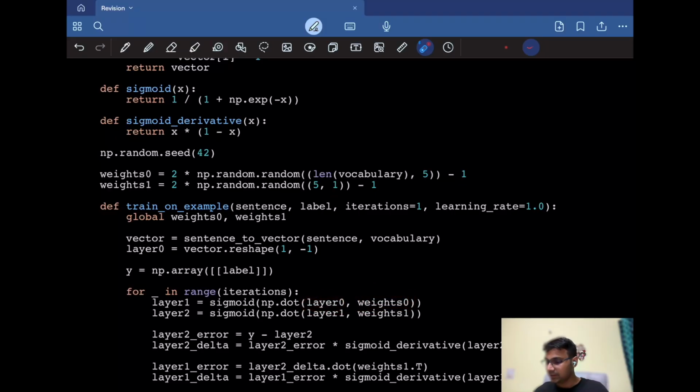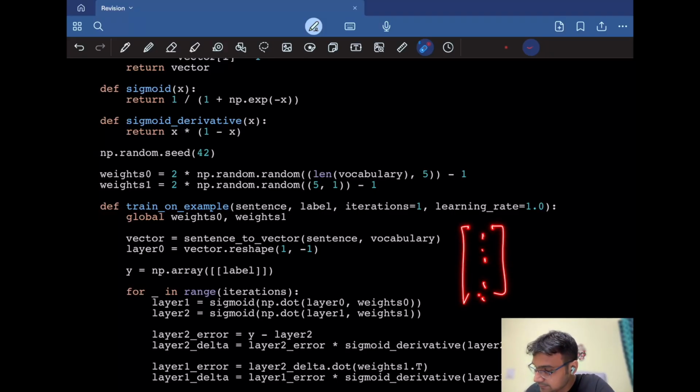What we are doing is taking the sigmoid of the weights multiplied by layer zero, which holds the activation values. The bias we have ignored for now in this example, though bias can also be there, but it is simply a dot product with layer zero.